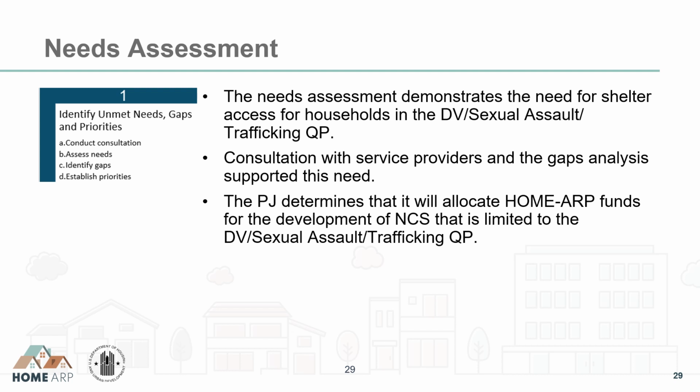The gaps analysis supported the providers' comments about available resources for the DV Sexual Assault and Trafficking QP. The PJ determines that it will allocate HOME-ARP funds for a non-congregate shelter that is limited to serving the DV Sexual Assault Trafficking QP.